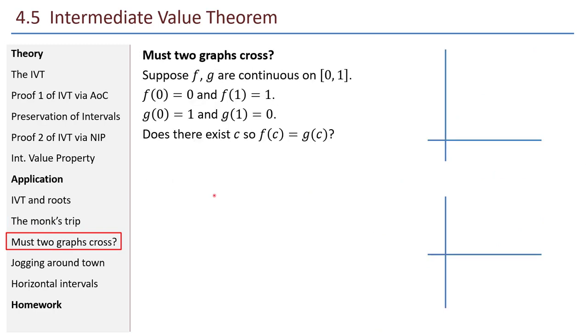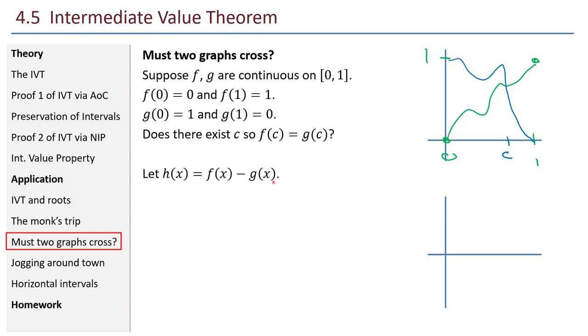Here's almost an identical problem, just phrased in terms of rigorous mathematics. Suppose f and g are continuous on 0 to 1. F of 0 is 0 and f of 1 is 1. And g starts at 0 and g ends at 1. G is continuous. Does there exist c so that f of c equals g of c? And yes, there does. We can prove this rigorously. Say let h of x equal f of x minus g of x.